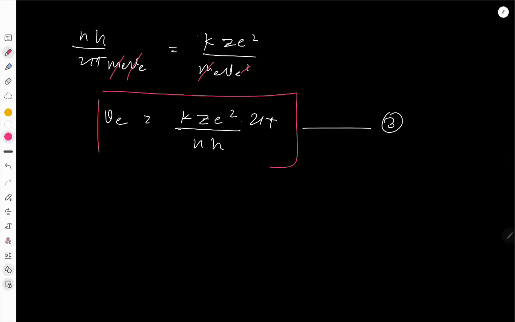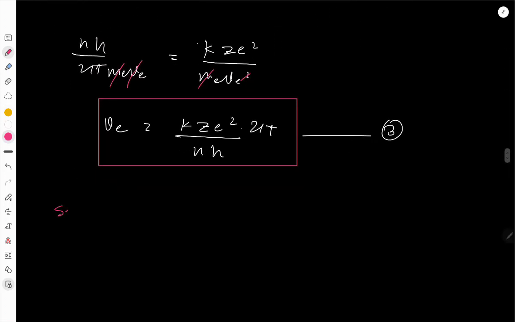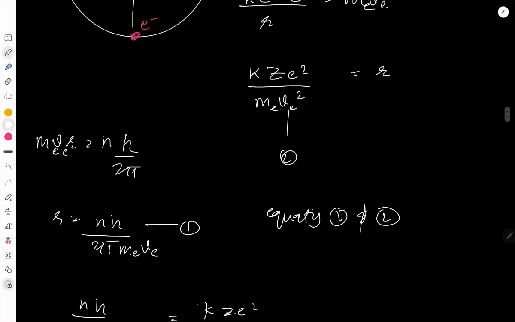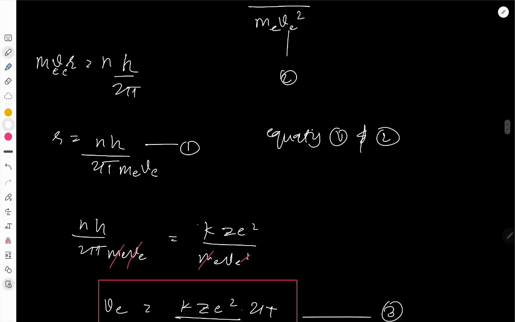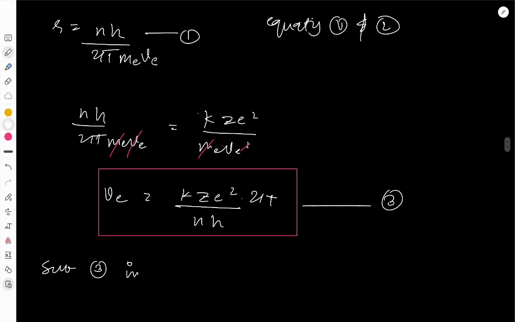First of all, we have derived the velocity, and now let us substitute this velocity into equation 1, as there is no square over here.